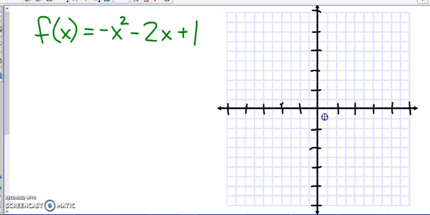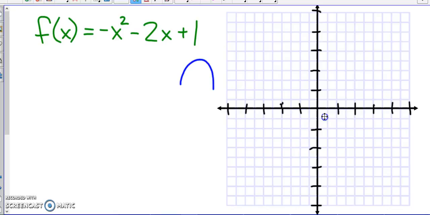What can you tell me about it? Give me something. You should be able to tell at least something about it. It opens downward, because of this minus sign in front of the x squared.